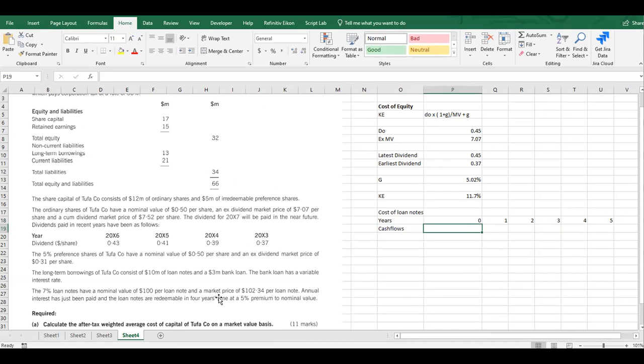In year 0, put the market value as a negative number, 102.34, and then take the after tax value of the interest, 7% into 1 minus t, 0.7. And in last year, redemption value is 105, 5% premium to the par, 105.